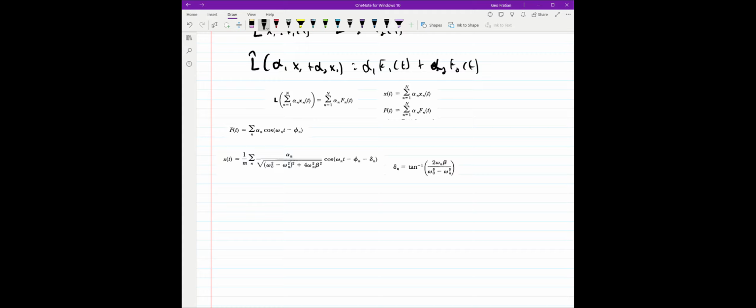Now we know that our f of t is periodic, so f of t plus tau, where tau is the period, is just equal to f of t.